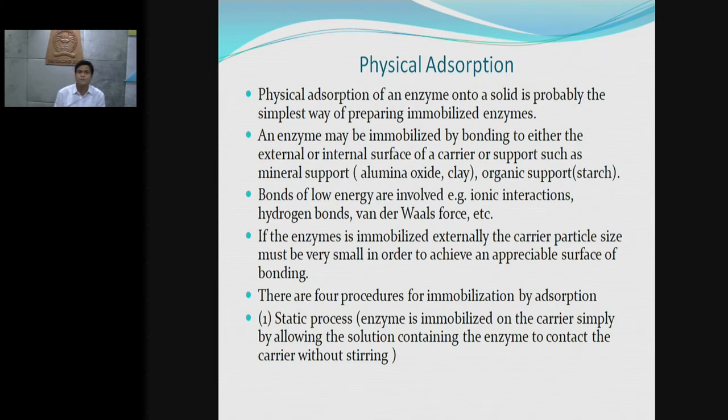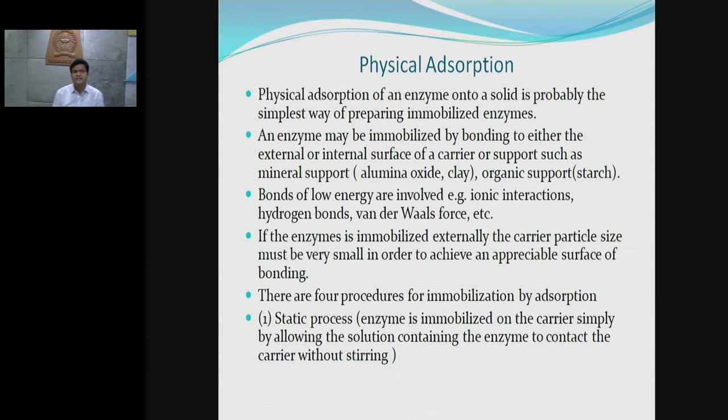In the case of physical adsorption, this is the process of adsorbing enzyme onto a solid, probably the simplest way. How? Because the bonding of this enzyme to the solid support or inert material is just because of the particular material, such as alumina oxide or an organic support.